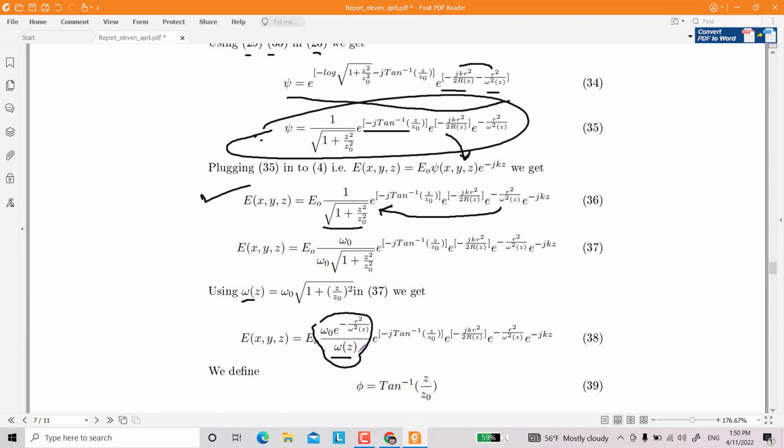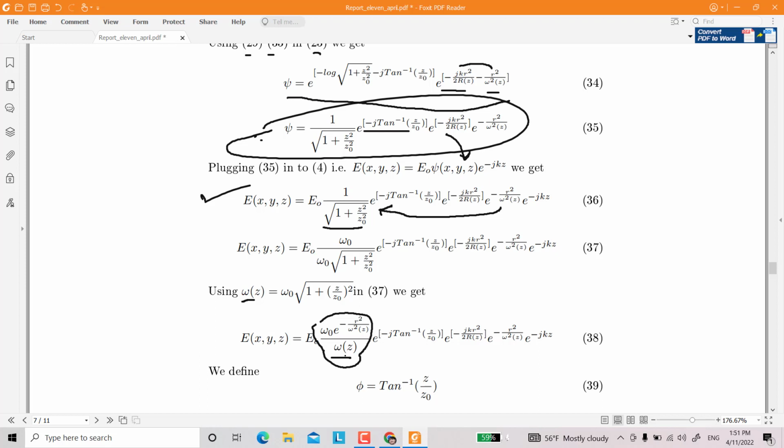These have to do with the amplitude, and omega naught over omega z, since omega z is in the denominator, what is this going to do? This is going to decrease the intensity with the increase in the value of z, and when you bring z closer to 0, it will increase the spot size until it gets to z equal to 0, where the beam waist resides.